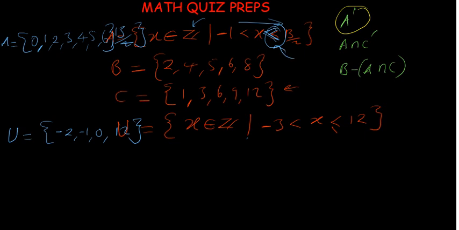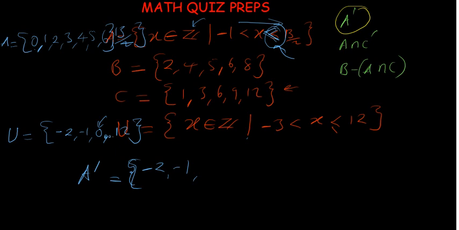So if you are talking of A complement, you want things which are in the universal set but not in the set A. Now if you see in the universal set, we have got -2, -1, they are not in the set A. And then if you go to 0, 0 is also in the set A. And then of course here we've got numbers from 0 up to 12.